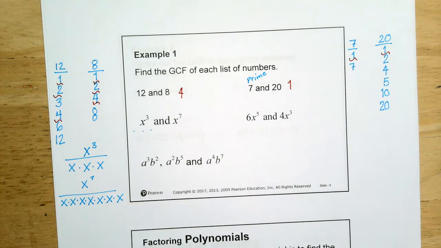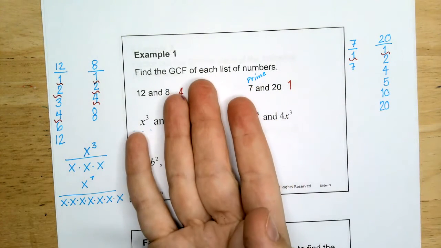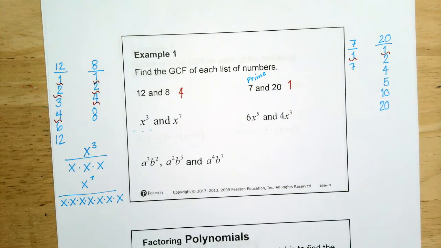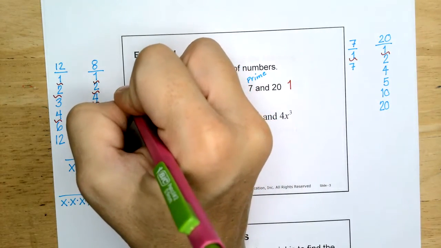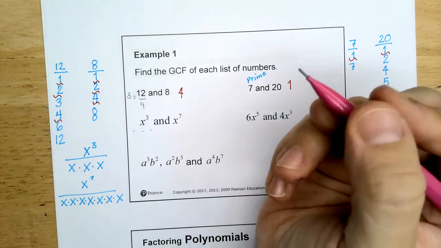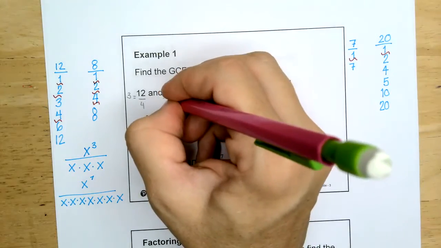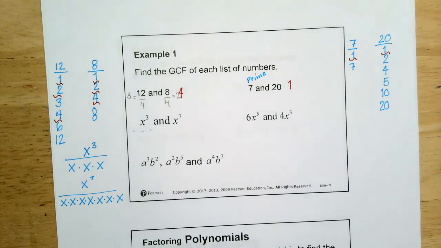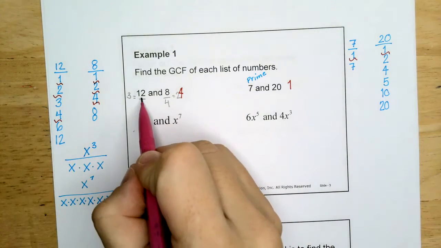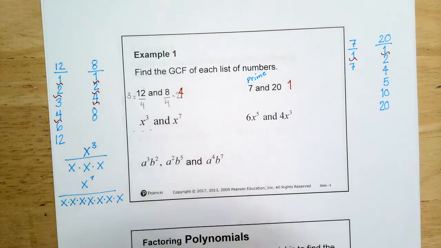Okay? And the reason we are finding the greatest common factor is so that we can divide. Okay? I can divide 12 by 4. If I divide 12 by 4, I get the number 3, right? If I divide 8 by 4, I get the number 2. Okay, that's why we're finding the greatest common factor, so we can make these simpler.